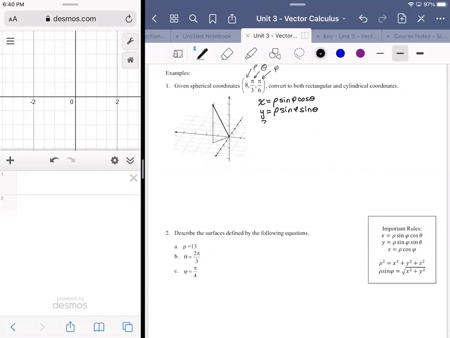And then z, no longer like it is the case in cylindrical coordinates, z is rho cosine phi. It's not the case that z is just z because there is no z in our spherical coordinates. However, once we figure out z in rectangular coordinates, we will have also figured out z in cylindrical coordinates. All right, so this will get us over to rectangular.